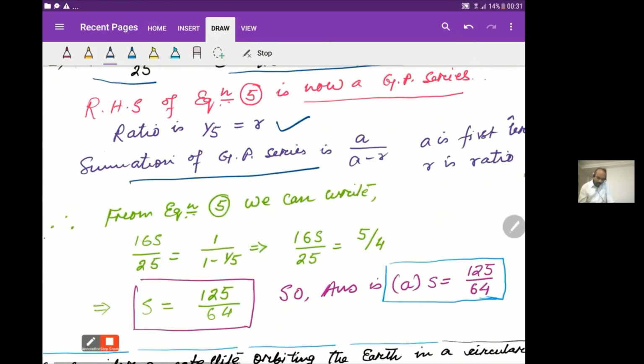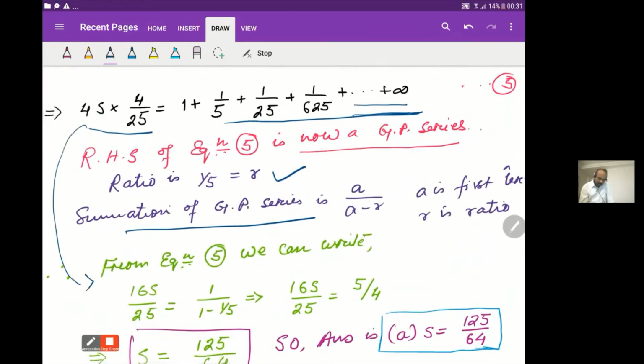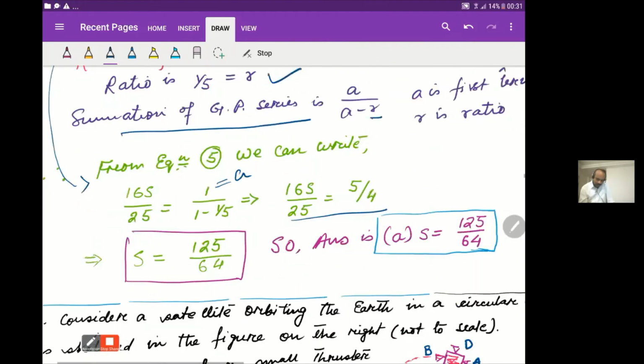So from equation 5, we can write 16S by 25 is equal to 1, which is our A, divided by 1 minus 1 by 5, which is our R. That gives us 16S by 25, that is equal to 5 by 4. Therefore, S is equal to 125 by 64. So option A, which is 125 by 64, is the right one.